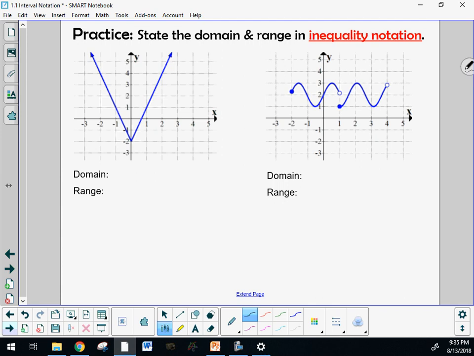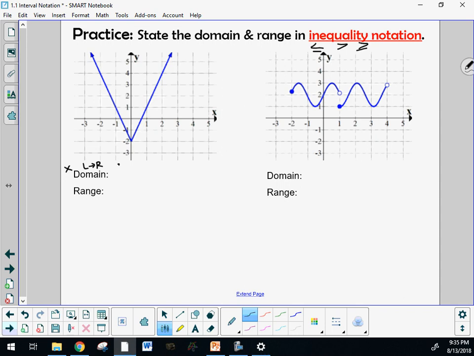Okay, for these ones, we're going to use inequality notation. So we want to use our inequality symbols, whichever ones we need. So this first function, domain, that's our x values, left to right. Well, the farthest left is everything, because we've got this arrow going off to the left. The farthest to the right is everything.